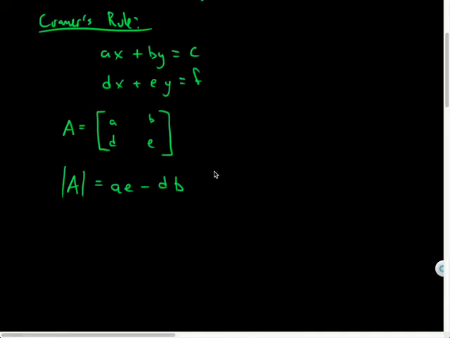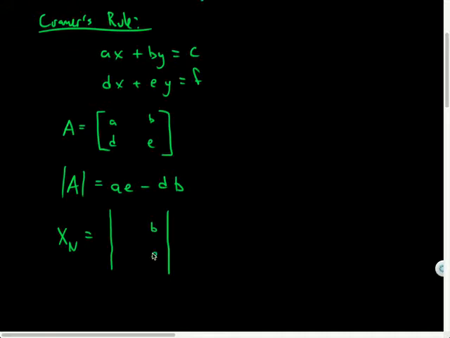The next thing I'll do is a little bit crazy. I'm going to find what I'll call the X numerator, X sub n. That's my own notation. That's not Cramer's, and that's also not found in your textbook, but it is convenient for keeping things organized. I'm going to find another determinant of a 2 by 2, but it's going to be almost the same matrix as this.